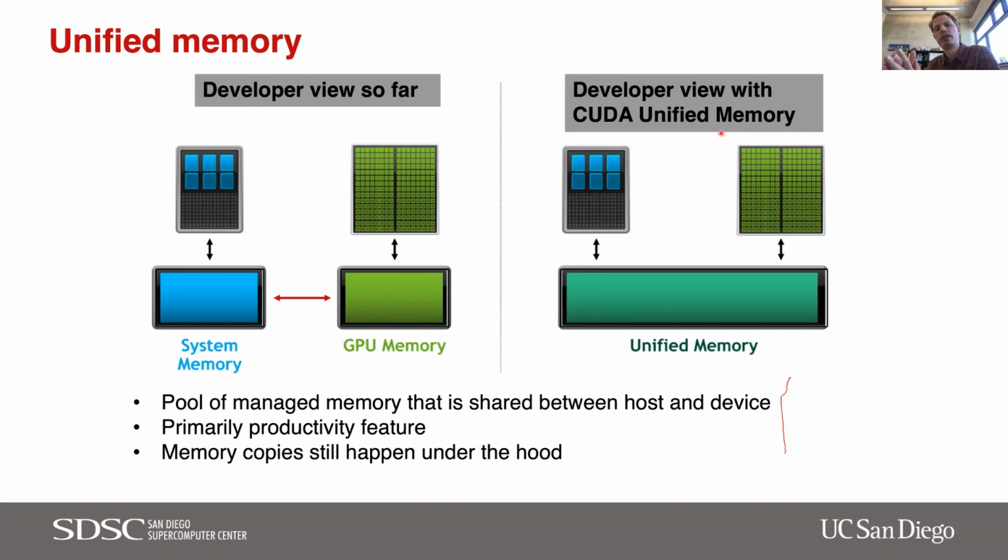It's going to copy data to the GPU back and forth whenever it's required. However, it's primarily a productivity feature for when you're developing code. Once you get to performance optimizations, you still have to do that yourself because the memory copies still happen under the hood, and of course an automatic optimization is never as good as what you can do when you're profiling the code.